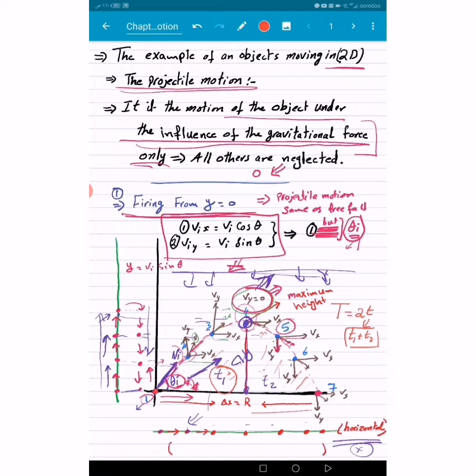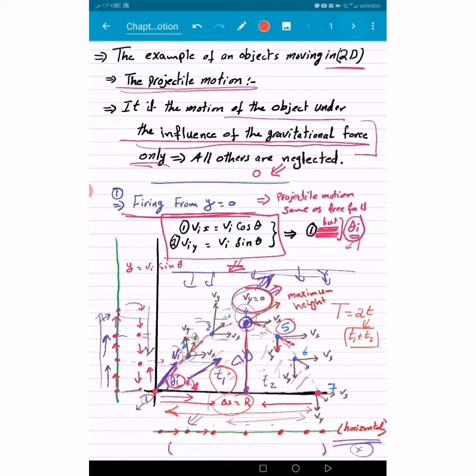It is the maximum distance between point 1 and point 7 in the x direction. So that means the maximum range, delta x. So these are 3 important points. How can we find them as equations?